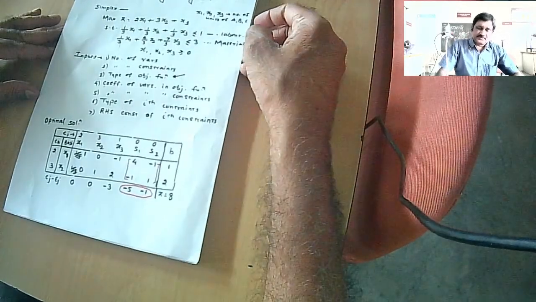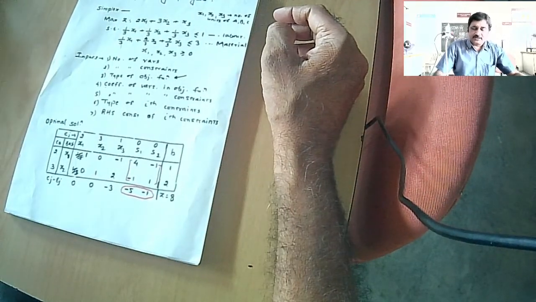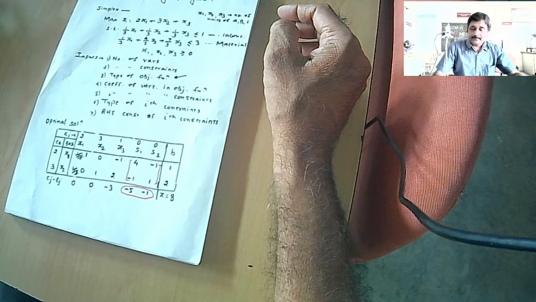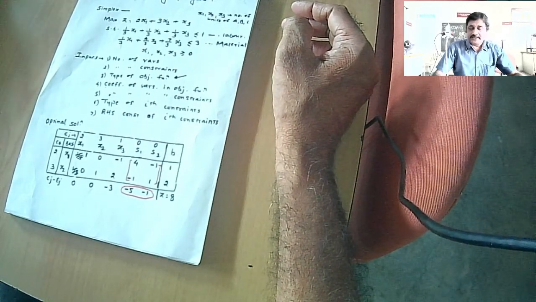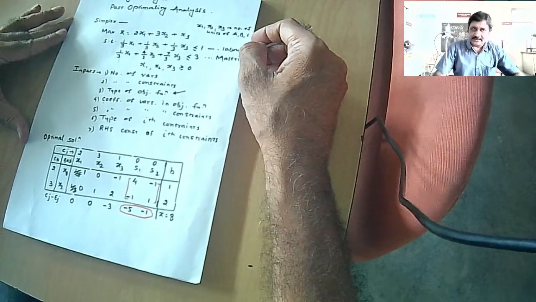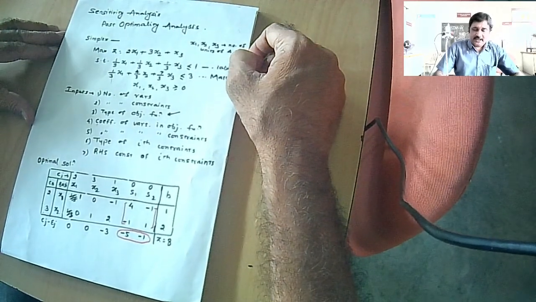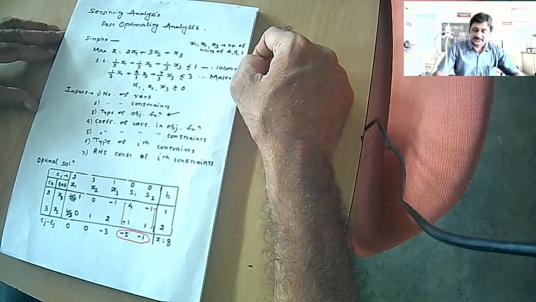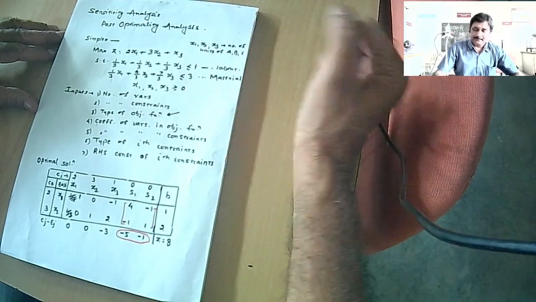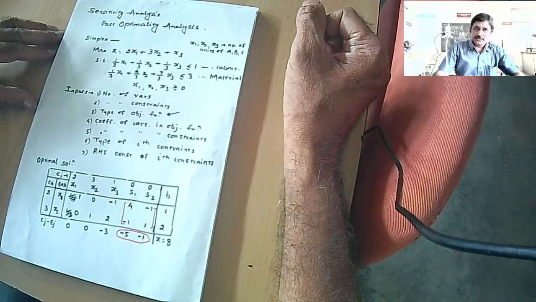Sensitivity analysis basically means the effect on output for the changes which we make in input. That is sensitivity, right? As far as operation research is concerned, and particularly LPP, what are the inputs?